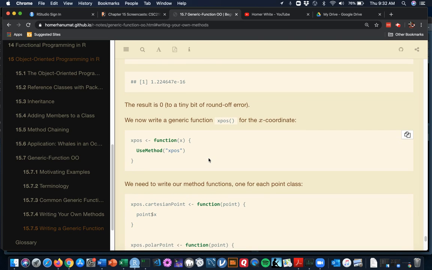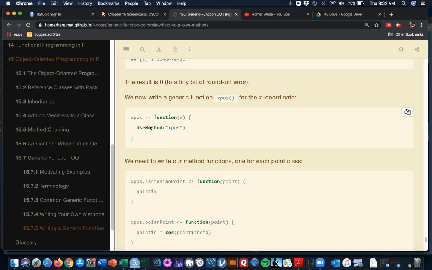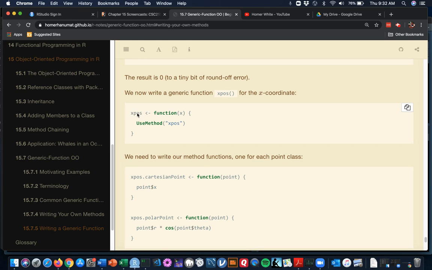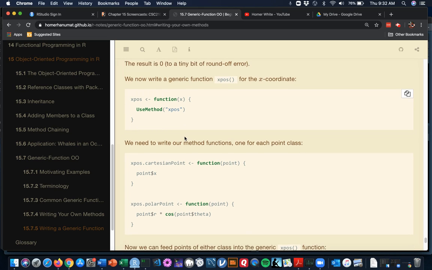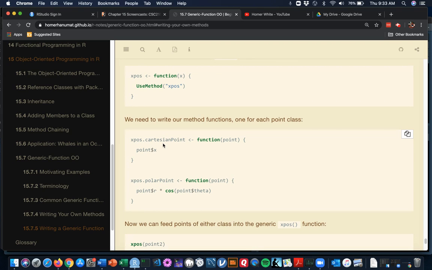So let's write a generic function for finding the x position of a point. We'll call it xpos. It's a function of x, and that's expected to be the point that's fed in. And it just says UseMethod xpos. But of course, we have to make a method for it to use.